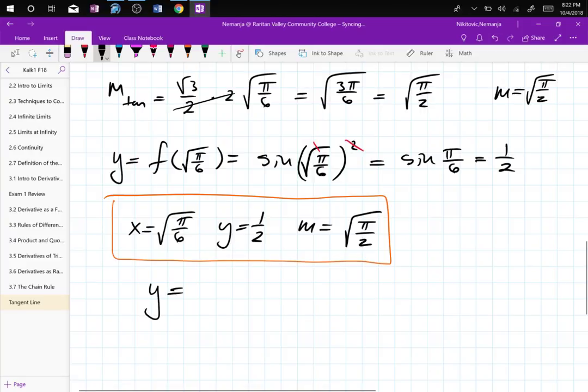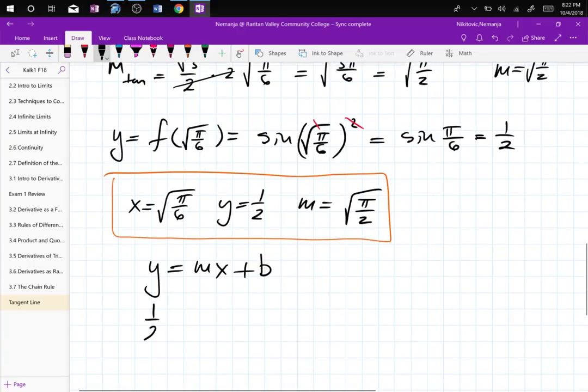So y equals mx plus b. y is 1/2, m is square root of pi over 2 times the square root of pi over 6, that's x, plus b.